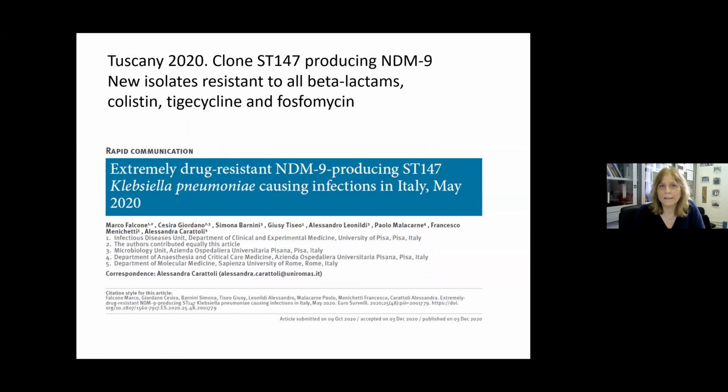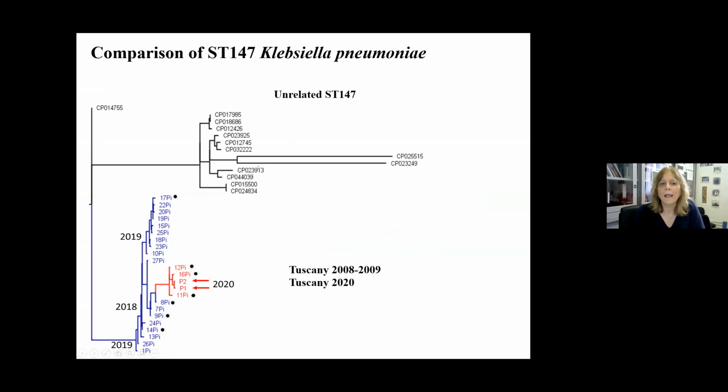In 2020, I was involved in the typing of a new clone of ST147, which was isolated in Tuscany. The difference from the previous outbreak clones was that it was still an NDM producer, but it had acquired resistance to colistin, tigecycline, and fosfomycin.